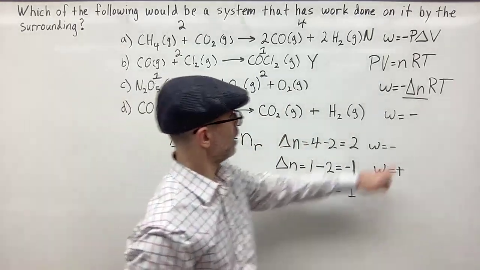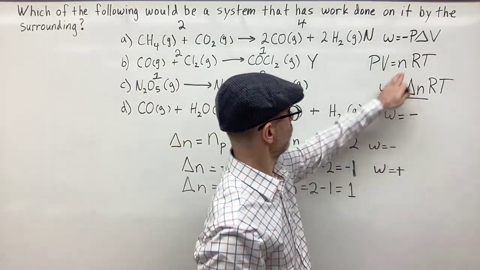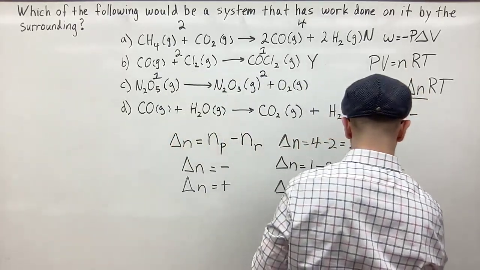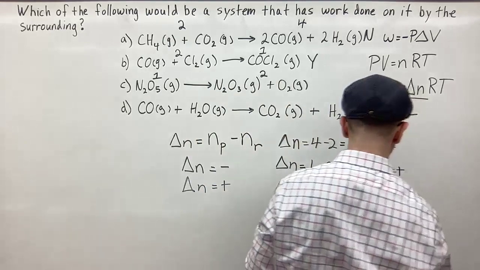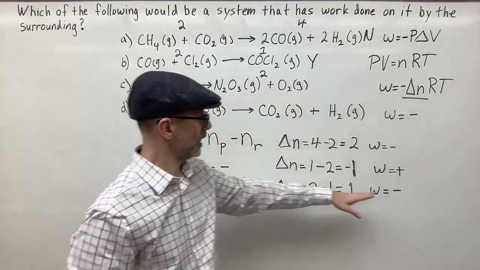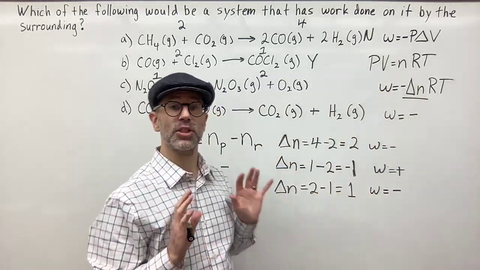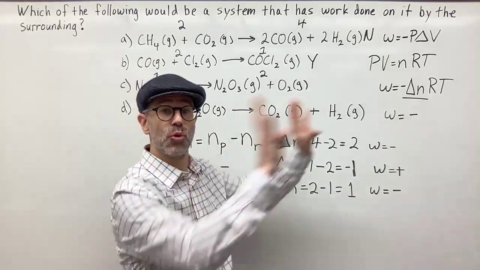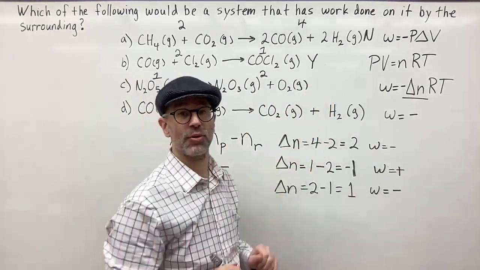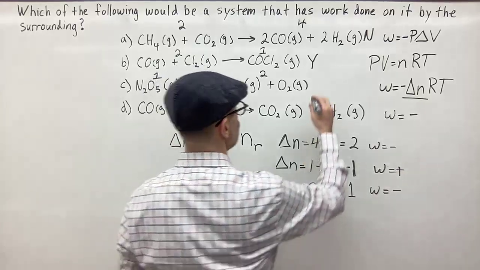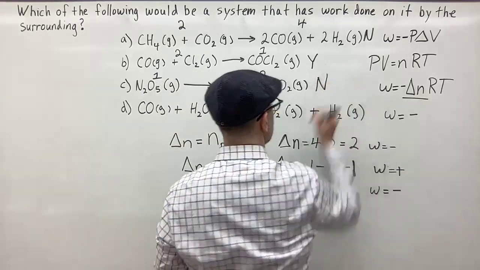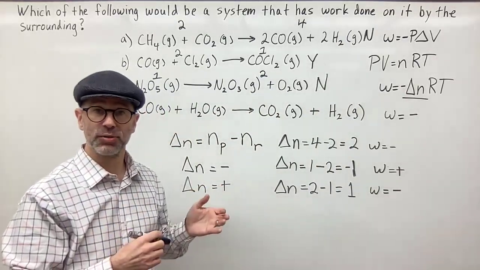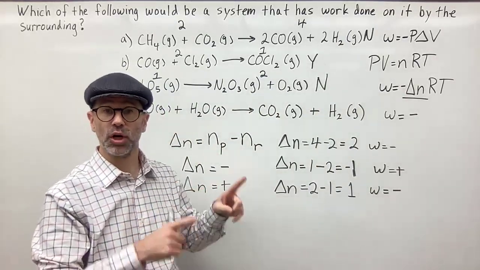If we put the +1 in here, we're going to get a negative for the work. So work in this case is going to be negative. Again, what that means is that the system is losing energy in the form of work, meaning it's going to be doing work on the surroundings. So in this case, no, work is not done on it by the surroundings. It is doing work on the surroundings.